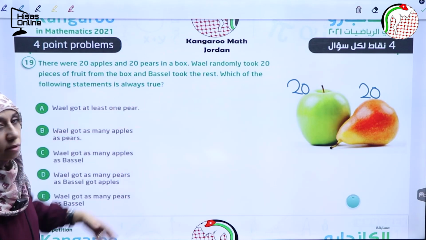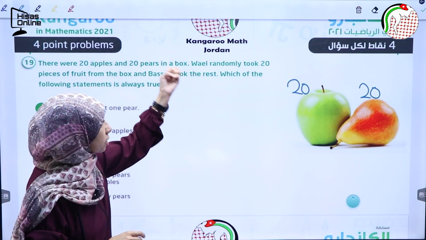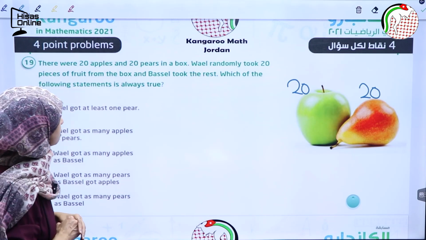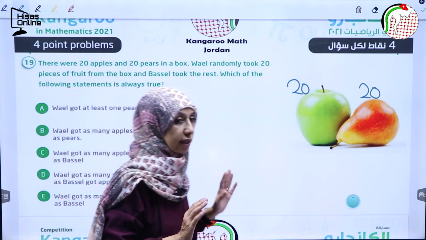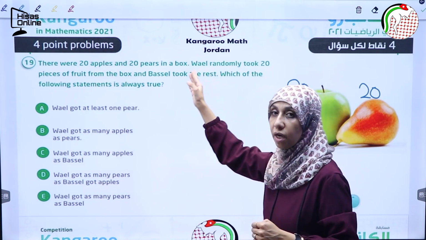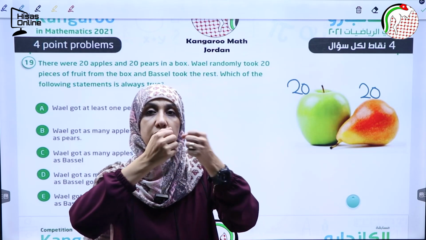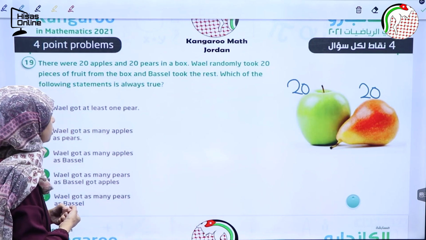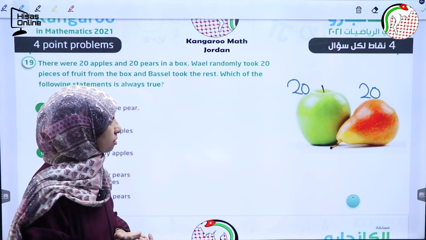Wael randomly took 20 pieces of fruit from that box. Basil took the rest. So overall we have 40. So Wael randomly picked 20 pieces of fruit and Basil took the rest.